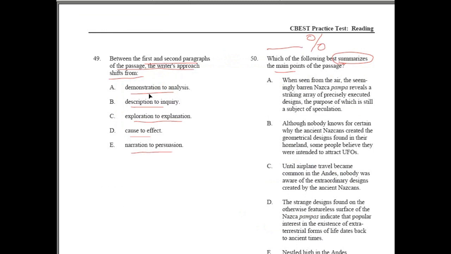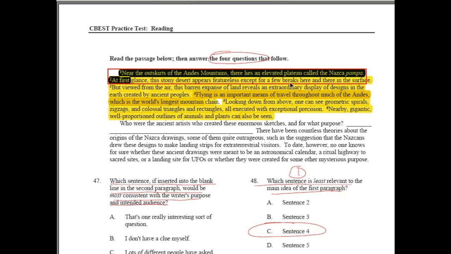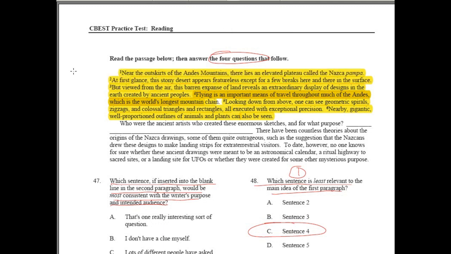Is it demonstration to analysis, description to inquiry, exploration to explanation, cause and effect, or narrative to persuasion? Well, if I look back at this opening paragraph in here, what it appears to me to be most clearly is that this person is describing something. So that first opening describes the Nazca Pampa. That's what's happening in here.